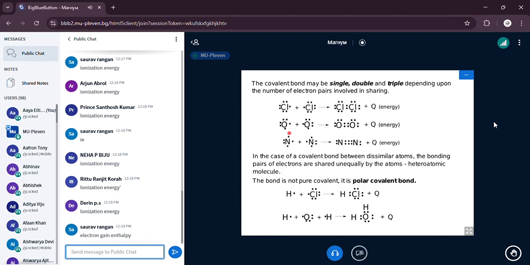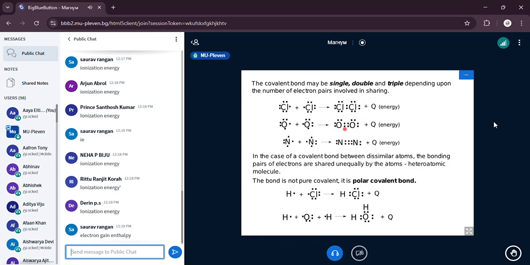Similarly, look at the atoms of oxygen. Each oxygen atom has two single electrons. And these two single electrons are combined to produce two electron pairs, which are shared between these two atoms.